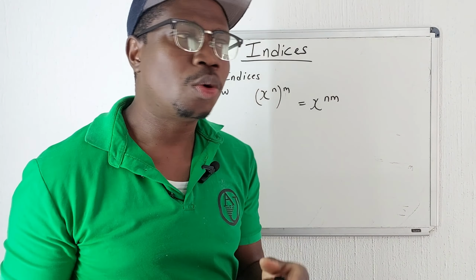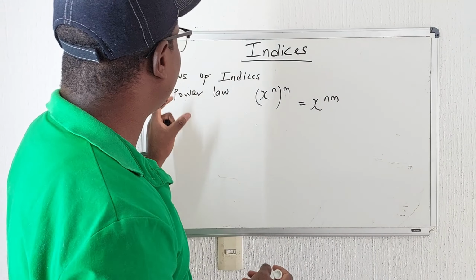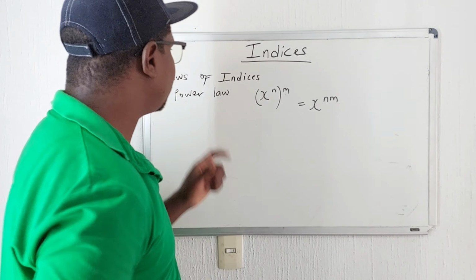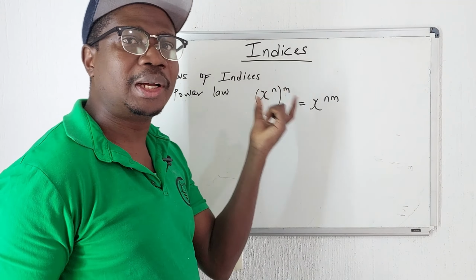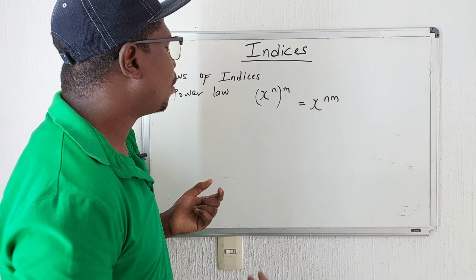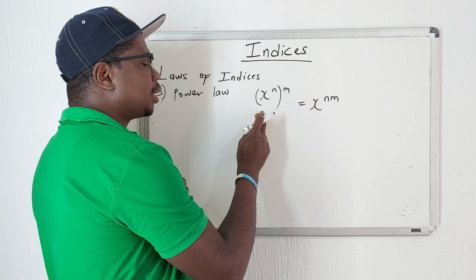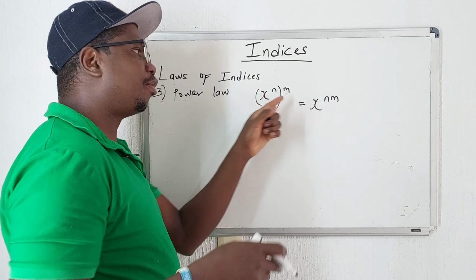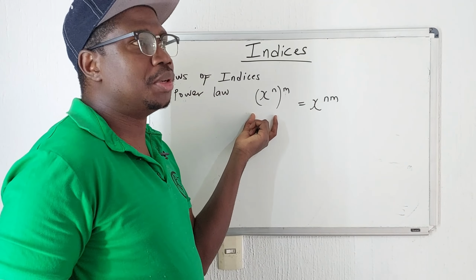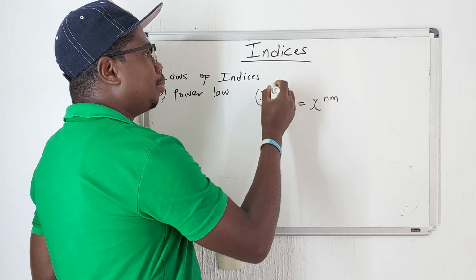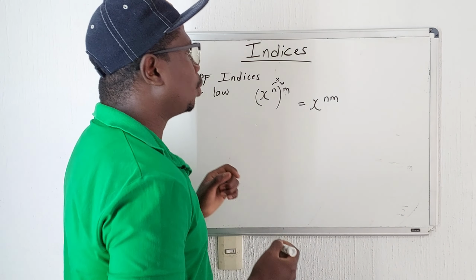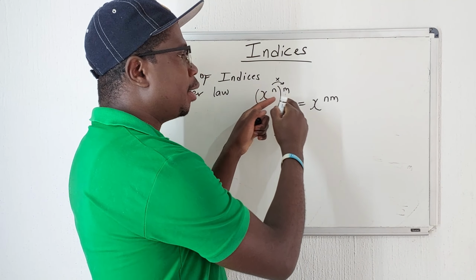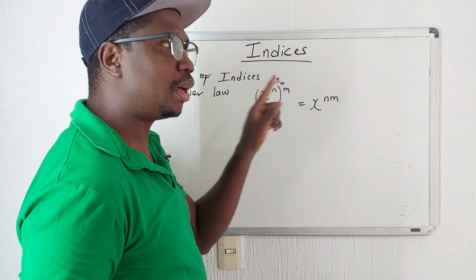Now, we'll go to the third law, which we call the power law. Basically, this means it's just multiplication of the indices. So when we have something like x to the n, to the power of m, we have just one base. We can multiply the indices, which will give us x to the n times m.